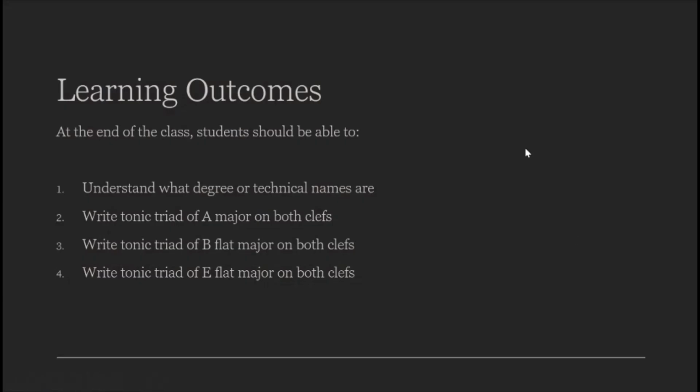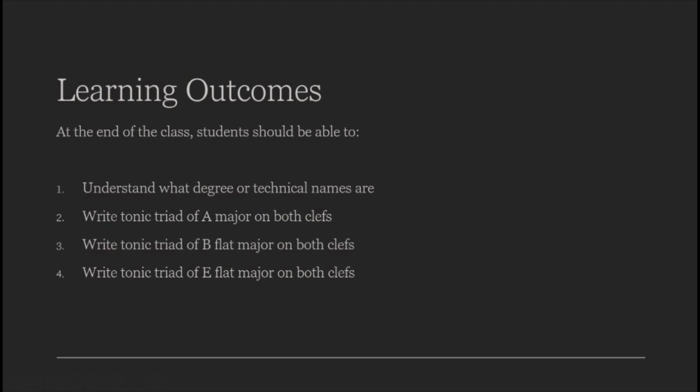At the end of this class, you should be able to understand what degree or technical names are. Number two, you should be able to write the tonic triad of A major on either of the two clefs.